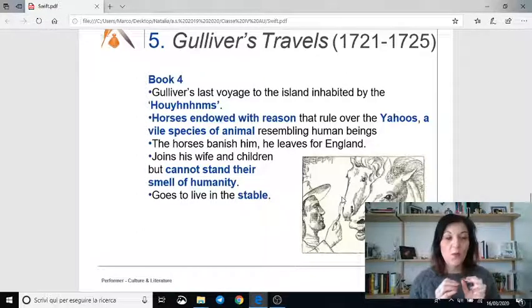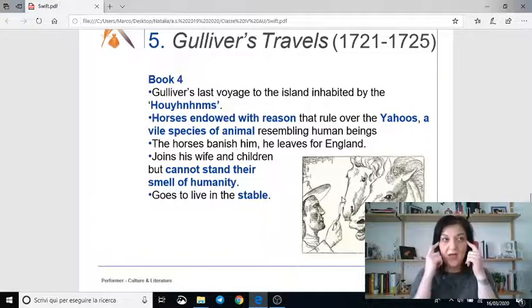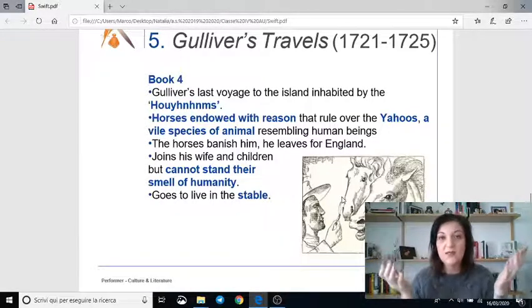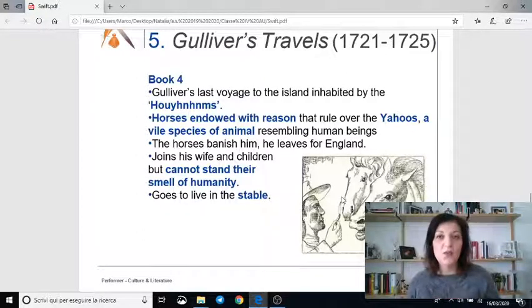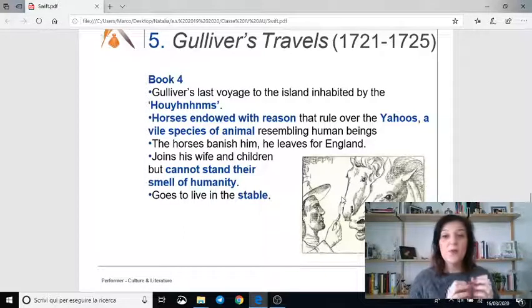So they speak like humans, they have got some human behaviors, they have got reason, which is usually considered a human attribute, but they look like horses. And these horses, the Hoyums, rule over a species of animals which look very much like human beings, which are called the Yahoos. The Yahoos.